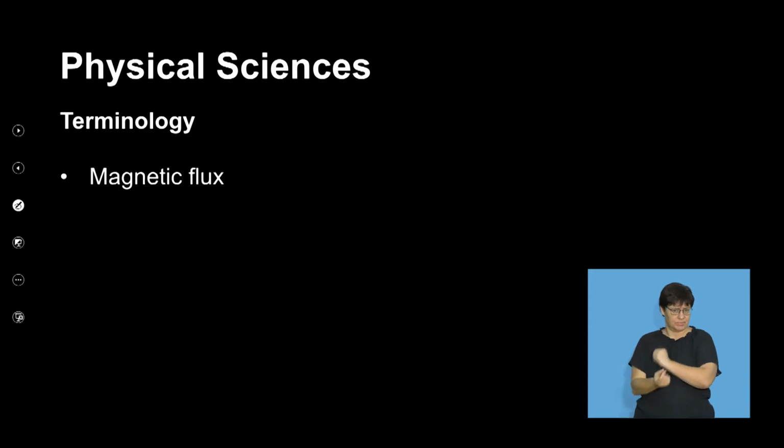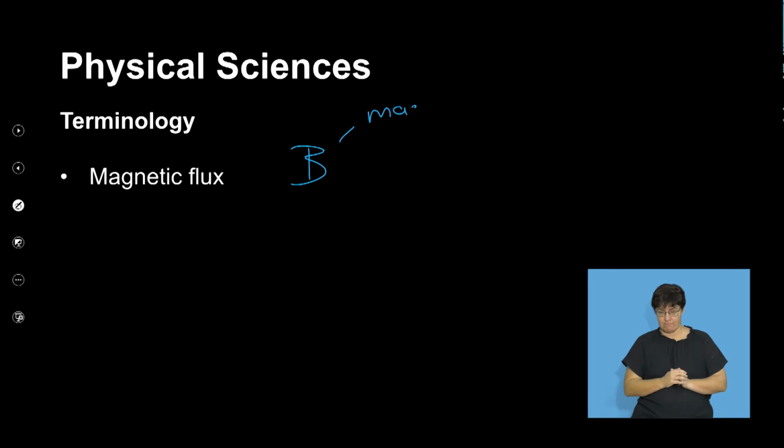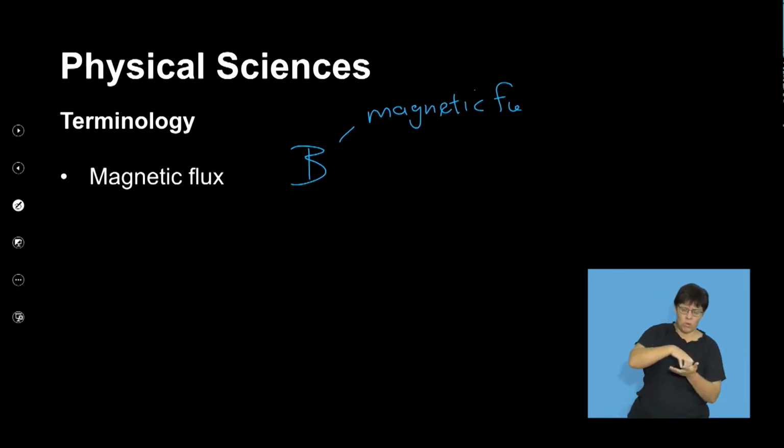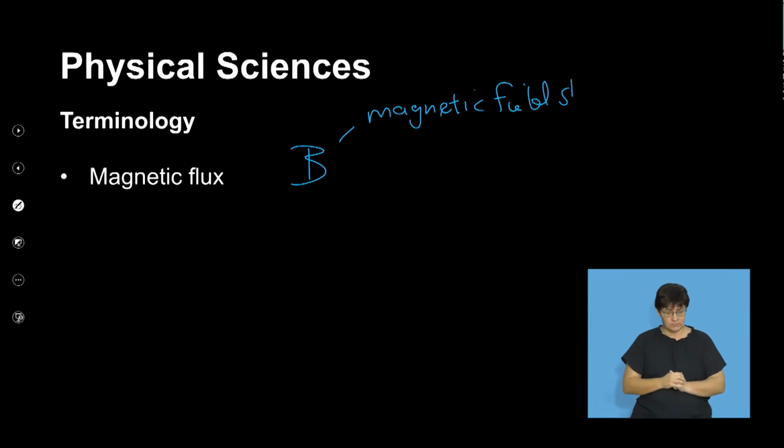So remember, we've got a magnetic field which we can represent as B. This is the magnetic field strength. And so when we look at this, the way we represent B is by field lines.